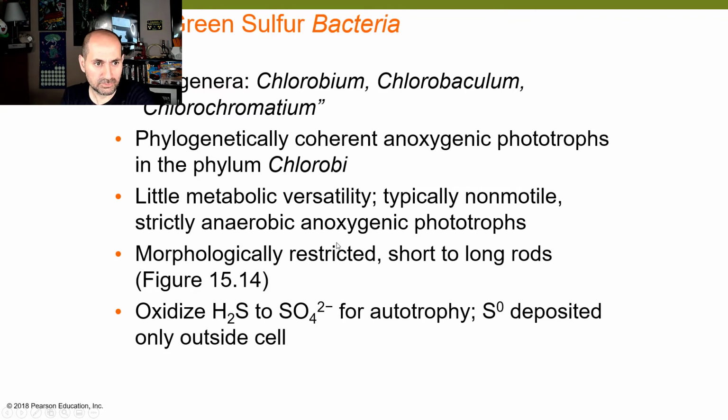Then we talked about the green sulfur bacteria. And what was interesting about them? These ones oxidize hydrogen sulfide to sulfate. So they use hydrogen sulfide as an electron source.